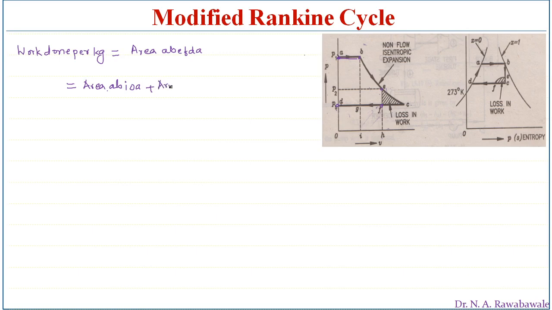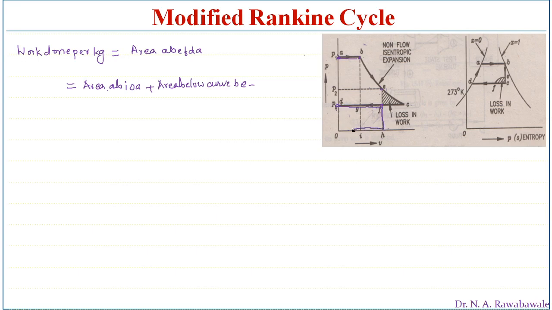Area below the curve B to E, minus, so first we find the complete area below AB up to the x-axis, then we find the area below the curve B to E up to the x-axis, then we subtract the area below this PV diagram.